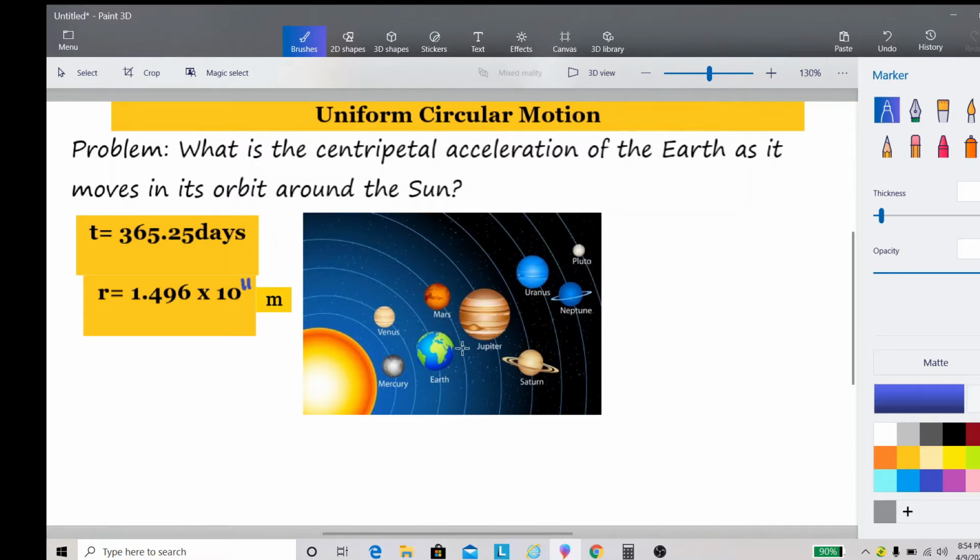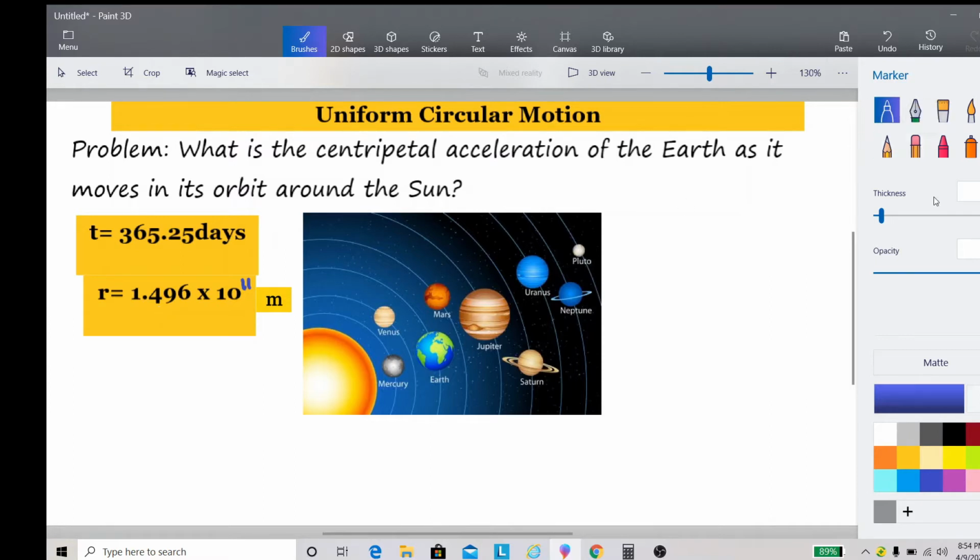Now, the Earth, starting here, will make one complete revolution in 365.25 days, and its r is 1.496 times 10 to the positive 11. That is the start of our solution.